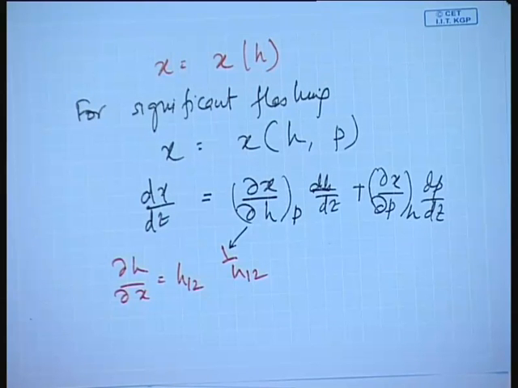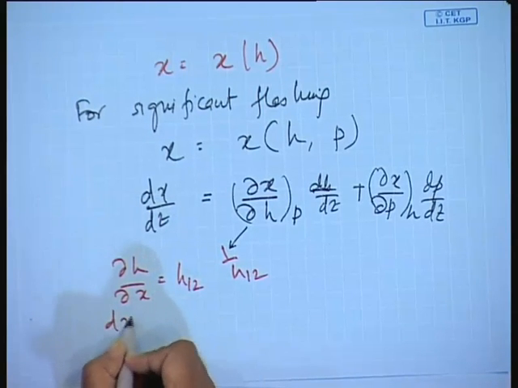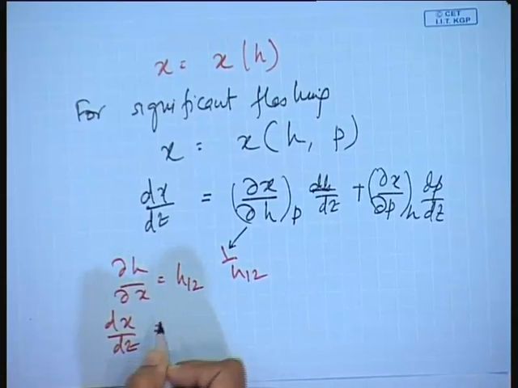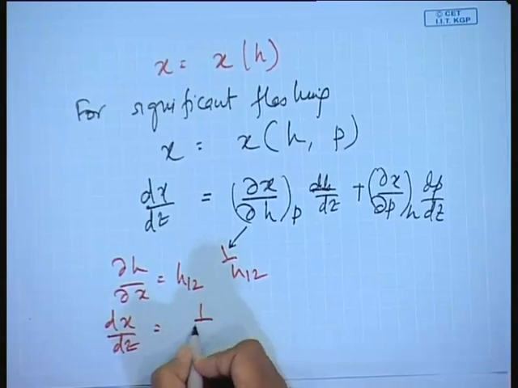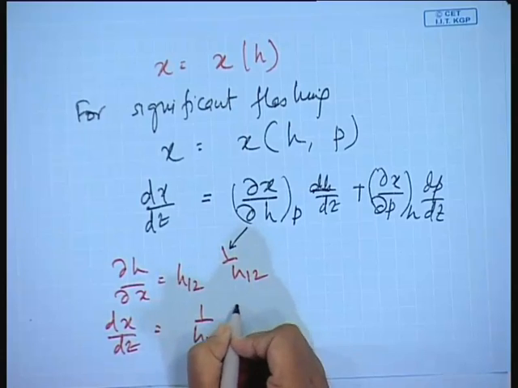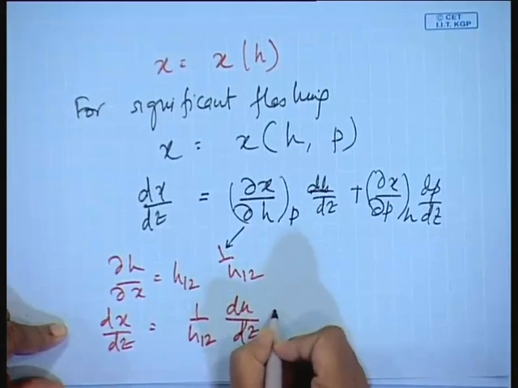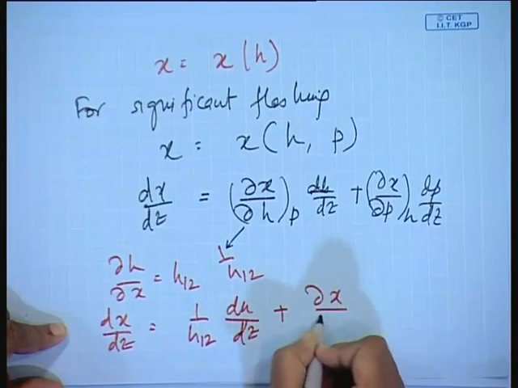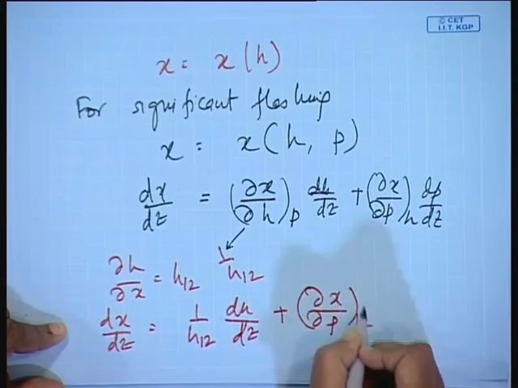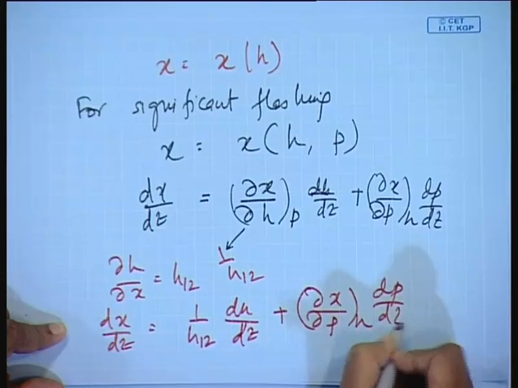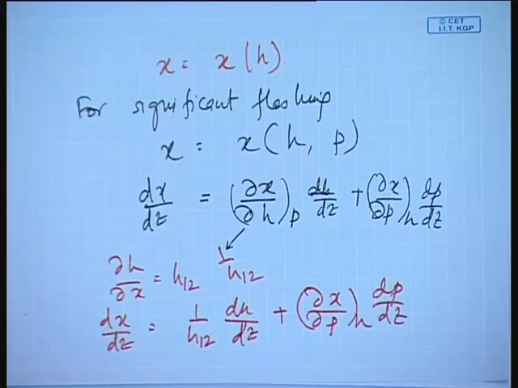You agree with me? So, for that circumstance we can write dx/dz as 1 by H12 dh/dz plus del x del p at constant h dp/dz. Can we do this, yes or no?